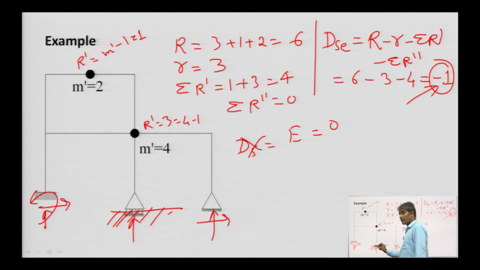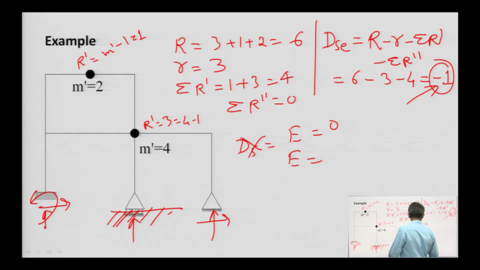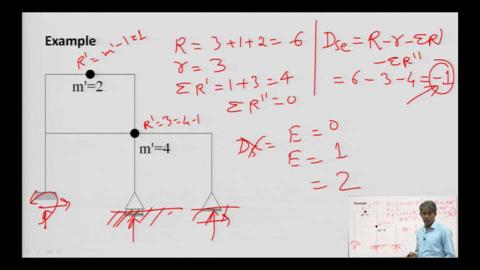If we provide a fixed support here, then the value of E will be 1. If this one is also provided, then it is 2. What I want to say is that by providing more restraints, its stability is going to increase.